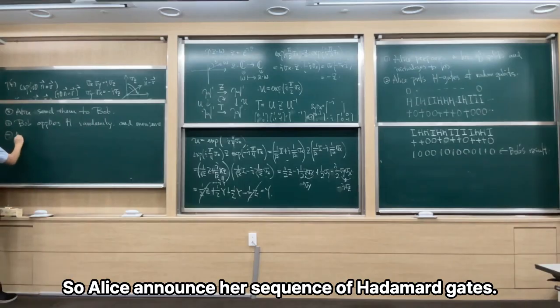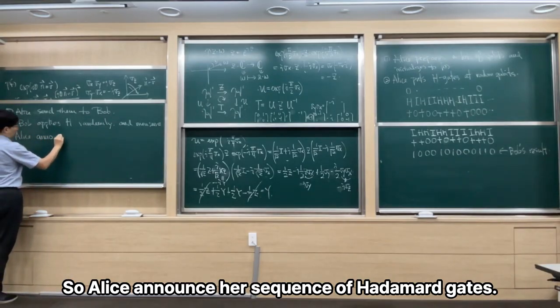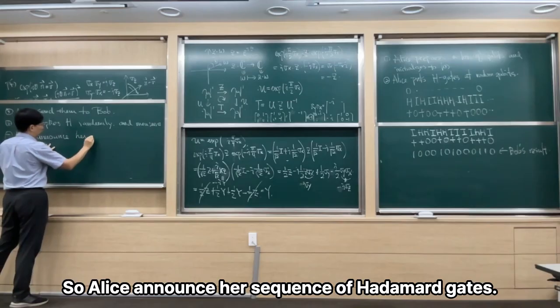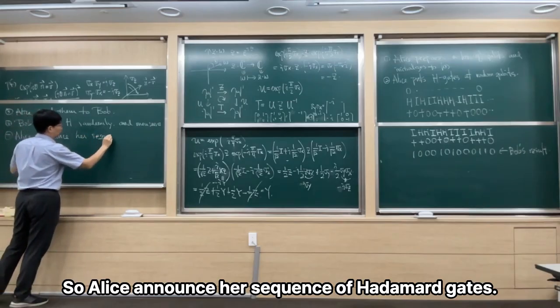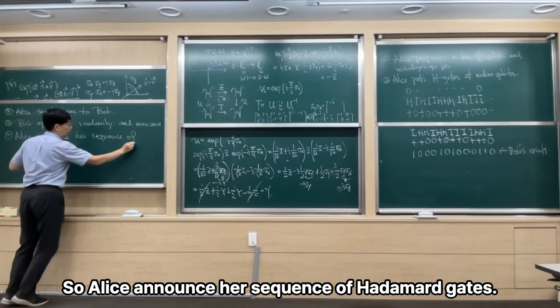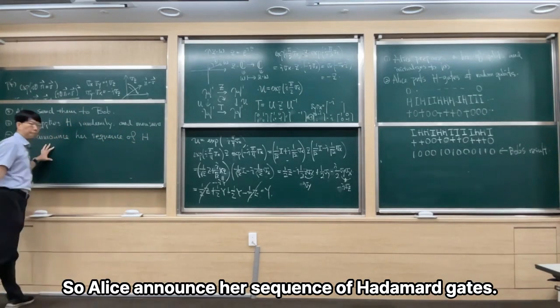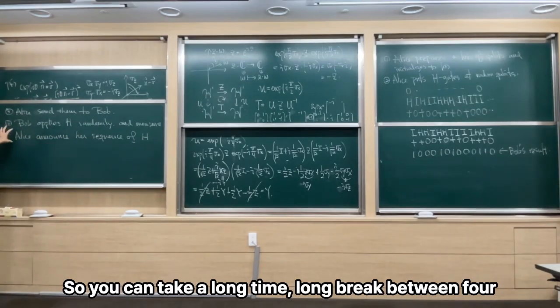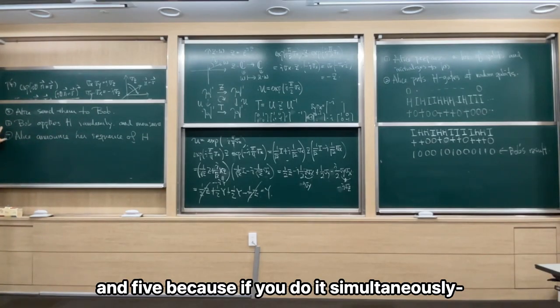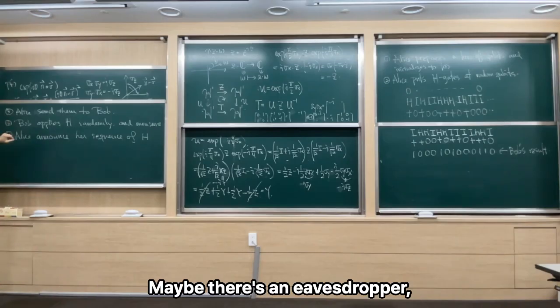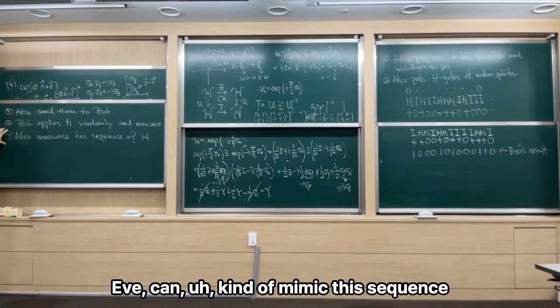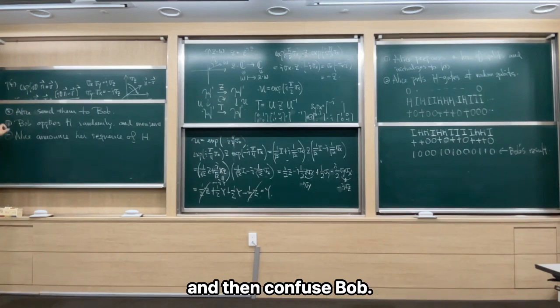So Alice announced her sequence of Hadamard gates. You can take a long break between 4 and 5, because if you do it simultaneously, maybe an eavesdropper, Eve, can mimic this sequence and then confuse Bob.